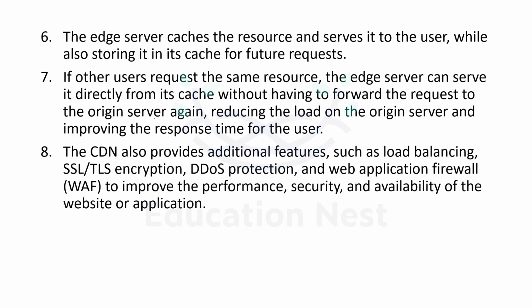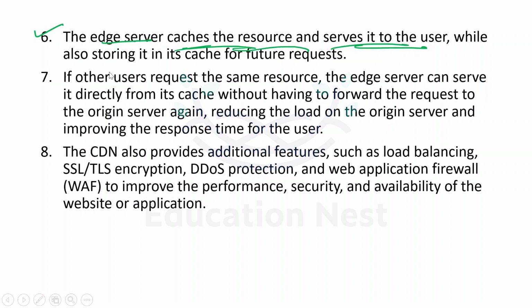So what the edge server will do is cache the resource and serve it to the user. So it will also cache the resource which is returned from the origin server. So in future, if that request is received, then it can directly serve it from the edge server instead of going back to the origin server.